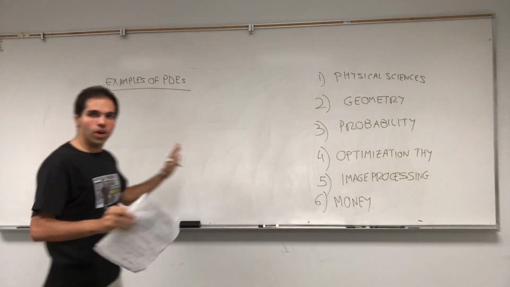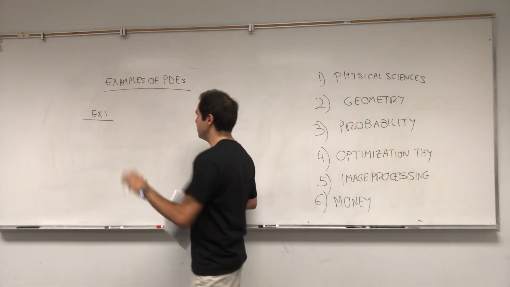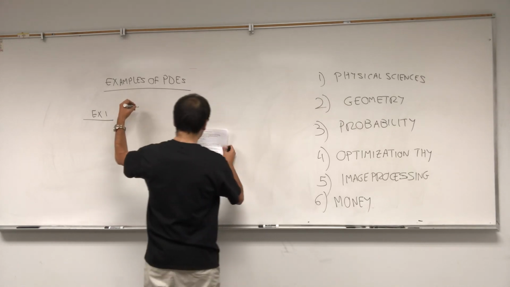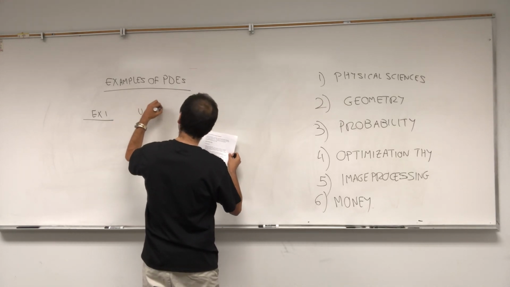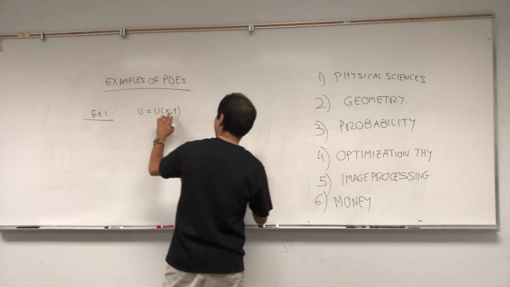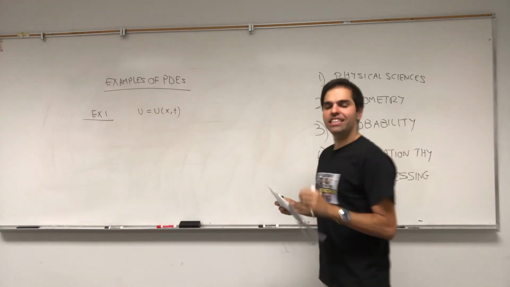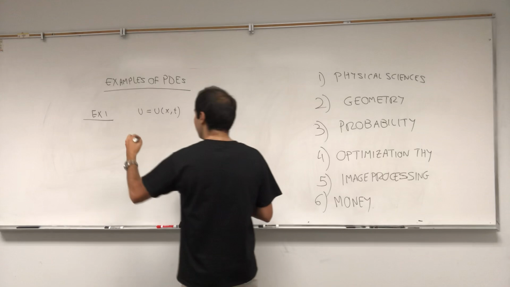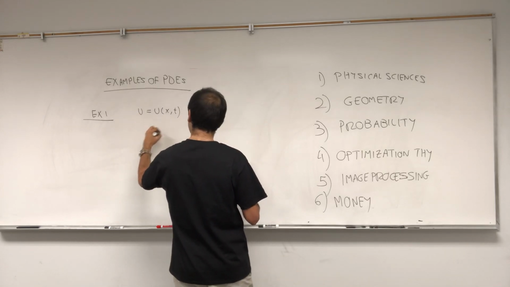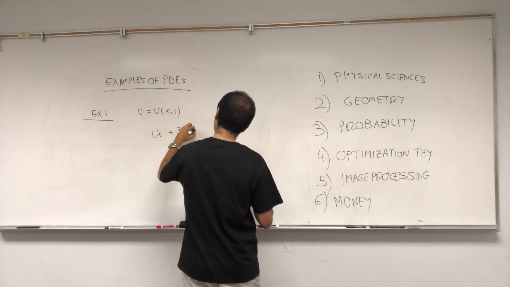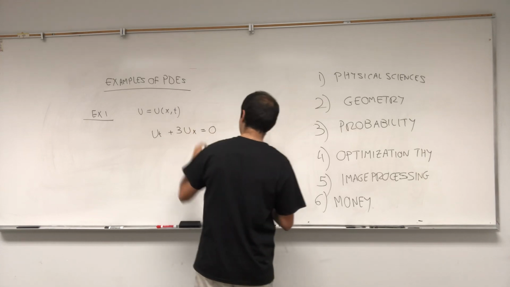First of all, one of the simplest PDEs, not the simplest PDE, but one of them: suppose u is a function of space and time. So x is space and t is time. Then there's something called the transport equation, u_t plus 3u_x equals 0.